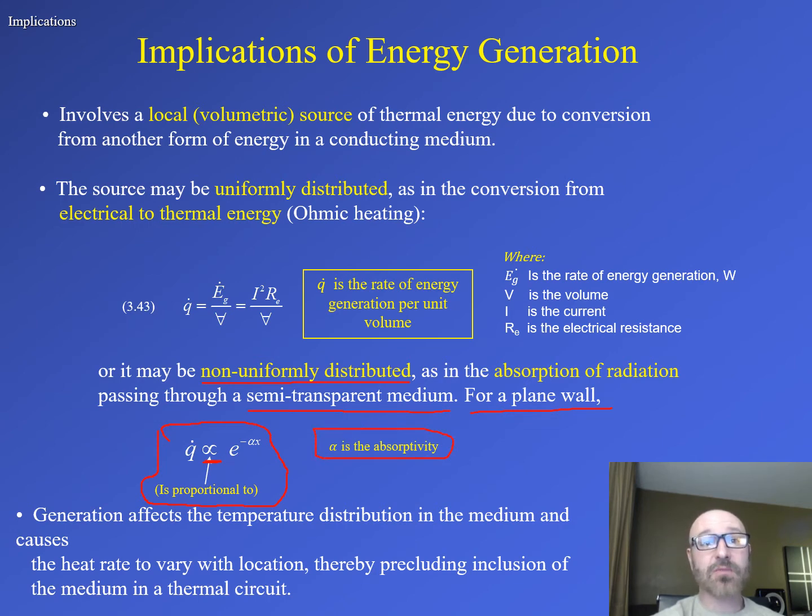So that's the relationship for this non-uniform distribution, in particular for a plane wall. Now, the generation affects the temperature distribution in the medium and causes the heat rate to vary with location. So location does become important, and it is going to vary based upon where it is, thereby precluding inclusion of the medium in the thermal circuit.